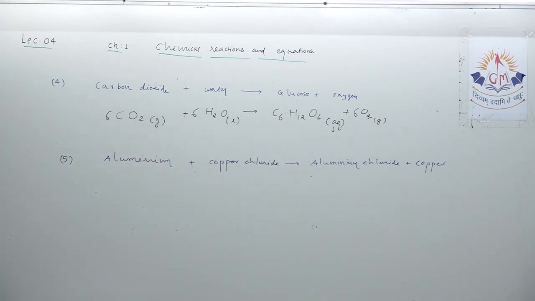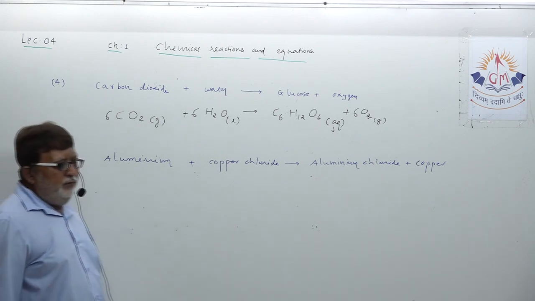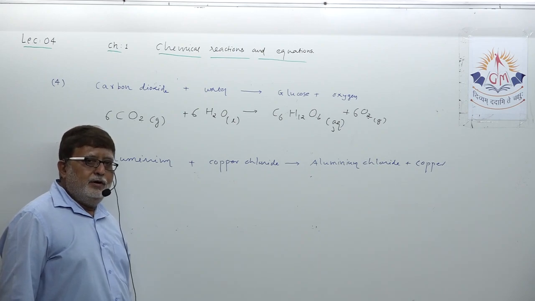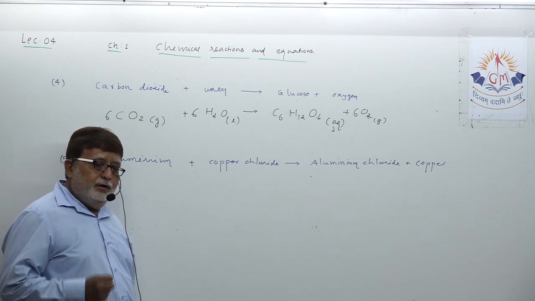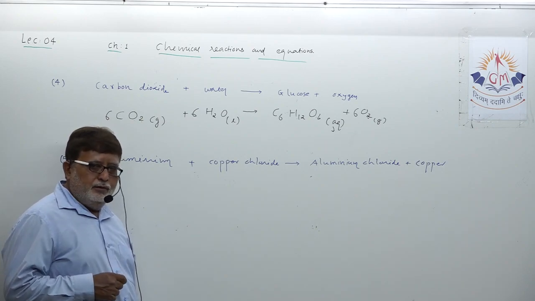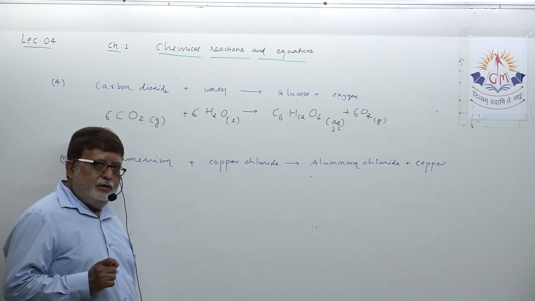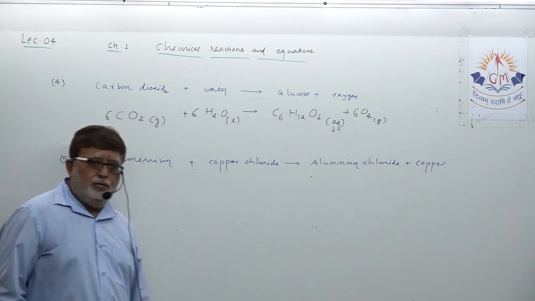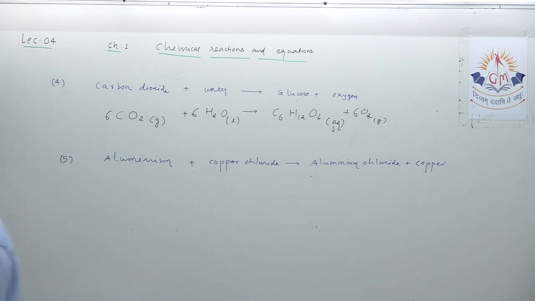If the formulas are not correct, then your balancing will never be correct. So you have to be extremely alert to write the correct formula of the compound. Okay, try this one.